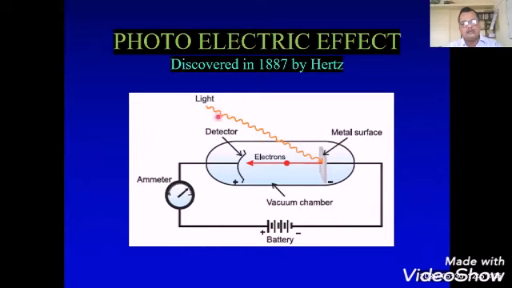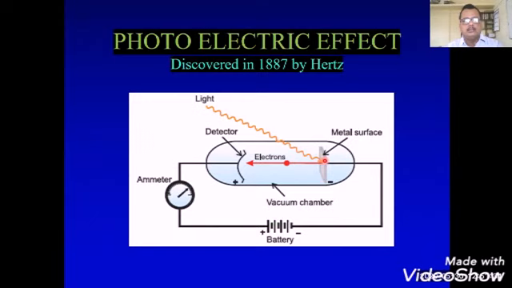When light, here I am showing you light, falls upon the surface of certain metal, then electrons are ejected from the metal surface. This phenomenon is called the photoelectric effect. Why is it called that?